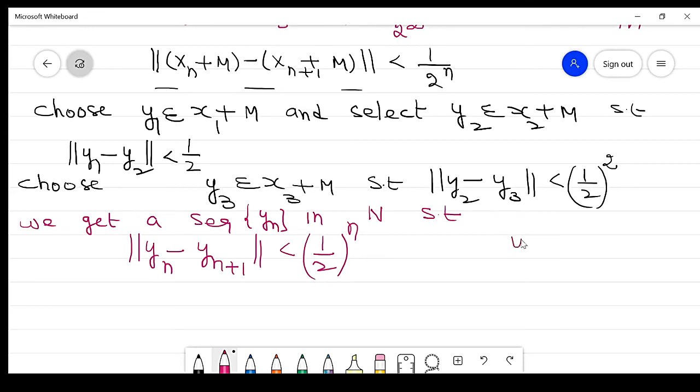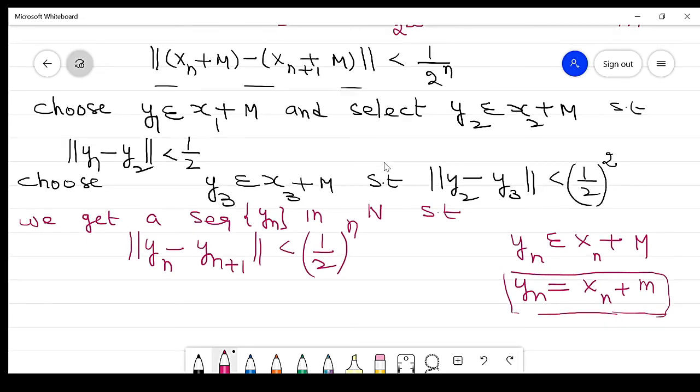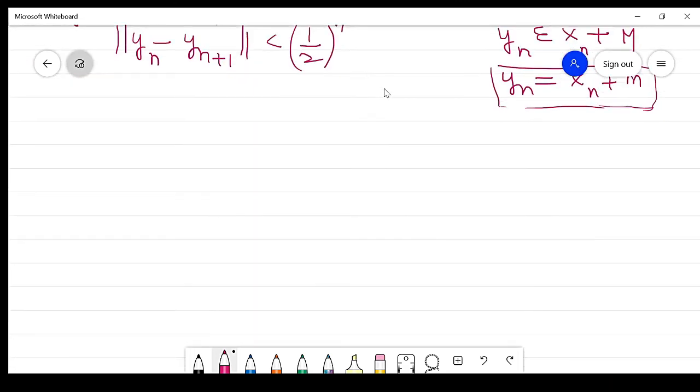Also remember that this yn belongs to xn plus M, so yn is of type xn plus a small m, which is a member of capital M. Remember these values, as we will use them later on. Now I have found a sequence which satisfies a particular property.